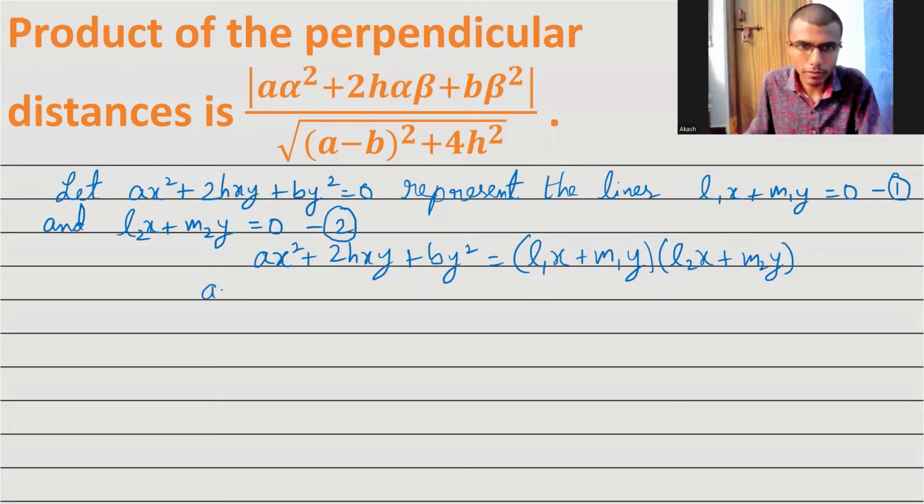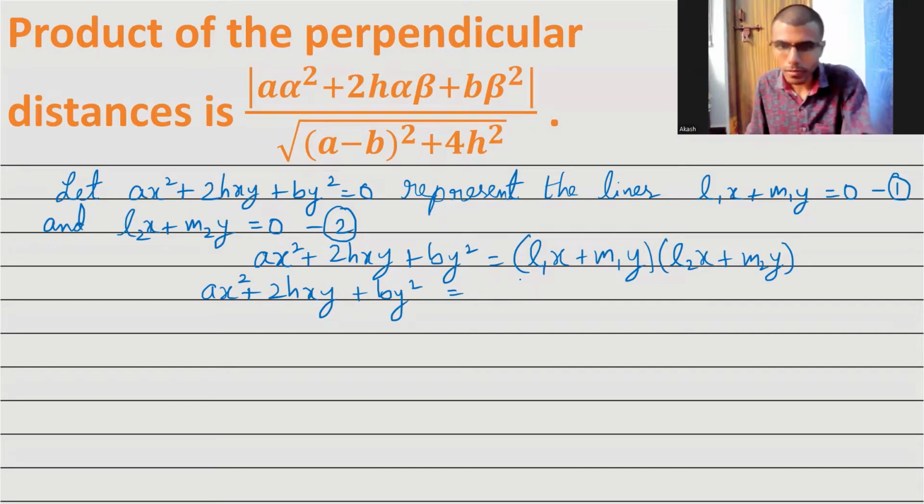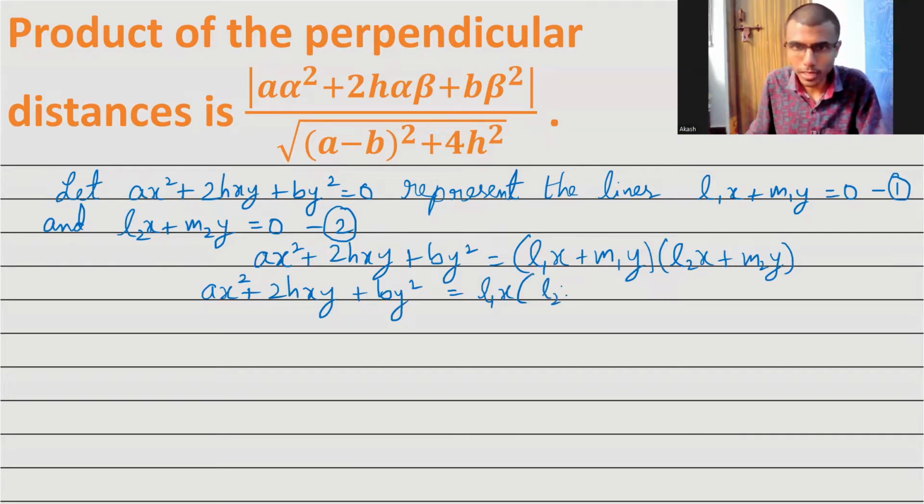Fine. Now let's expand the right side. So keep the left hand side as it is. Ax square plus 2hxy plus by square is equal to L1x into this bracket L2x plus M2y, plus M1y times L2x plus M2y. I'm going to go in a bit step-by-step manner. In case you feel my explanation is too slow, you can just increase the speed to 1.25 or 1.5.